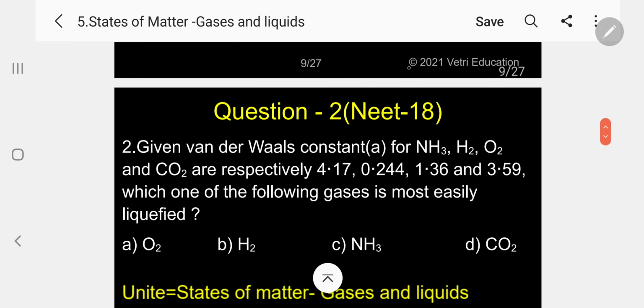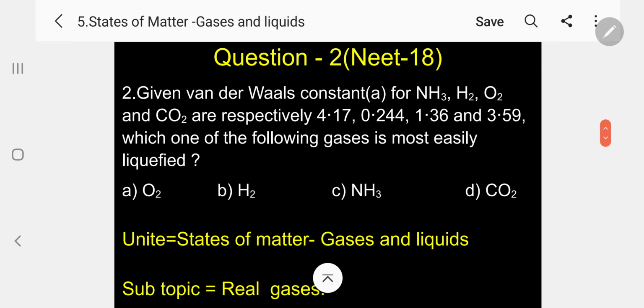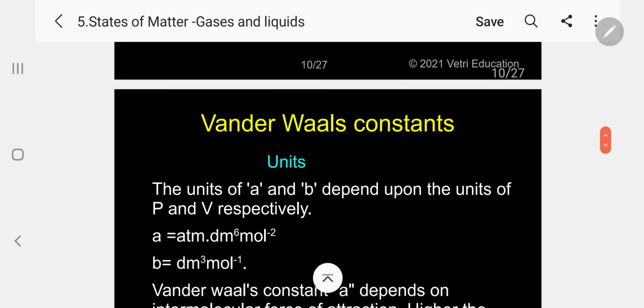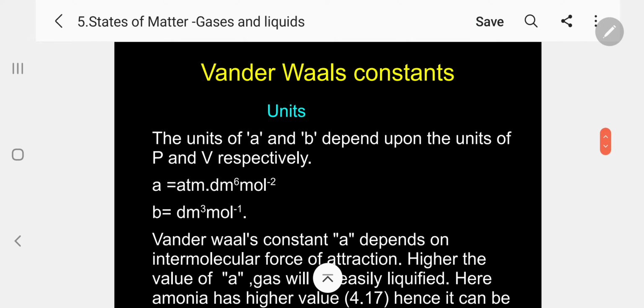So this question is asked under the chapter, unit states of matter, gases and liquids. Subtopic, it is coming under the real gases, van der Waals constant. So it is applicable for van der Waals constants of real gases. Now let me give the explanation.